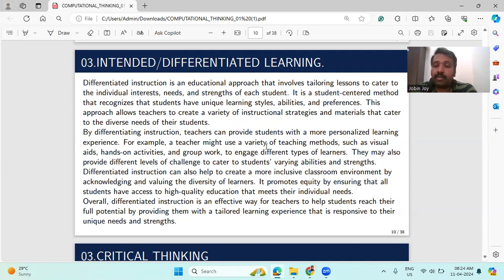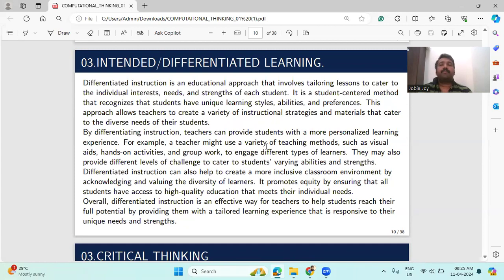It promotes equity by ensuring that all students have access to high quality education that meets their individual needs. Overall, differentiated instruction is an effective way for teachers to help students reach their full potential by providing them with a tailored learning experience that is responsive to their unique needs and strength.